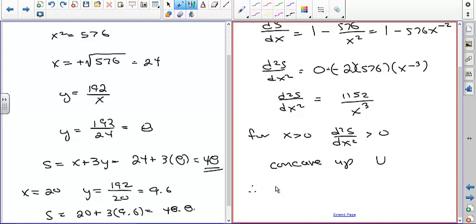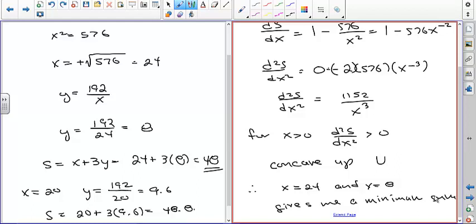Therefore, x equals 24 and y equals 8 gives me a minimum sum. So it is a minimum.